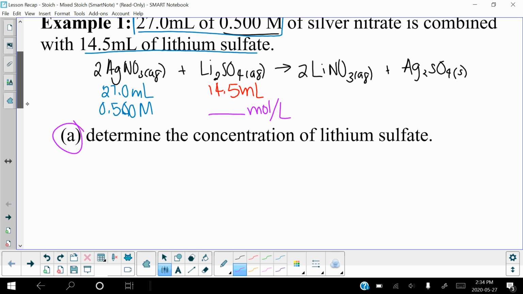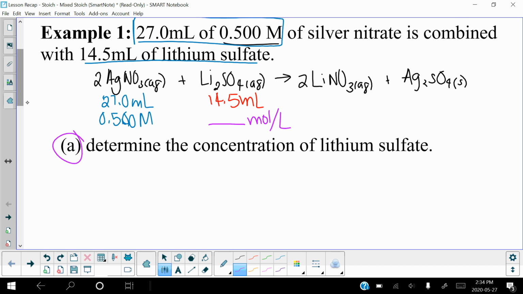So let's set up our Stoich. First section. Start with what we know. So 27 milliliters of silver nitrate.